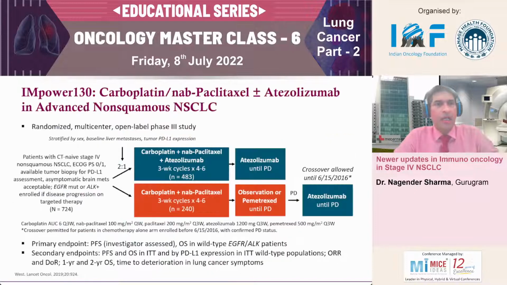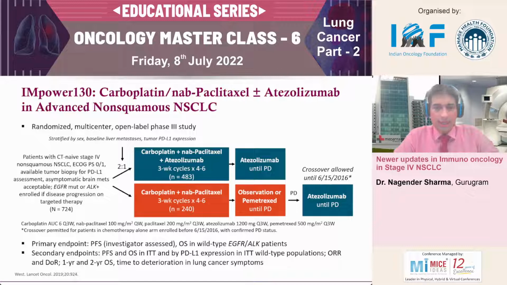IMpower130, in which nab-paclitaxel, that is a steroid-free regimen, was used along with or without atezolizumab in advanced NSCLC of non-squamous histology. It was also a randomized multi-center open-label phase 3 study, and the primary endpoint was PFS; the secondary endpoint was PFS and overall survival in the intention-to-treat wild-type population by PD-L1 expression.